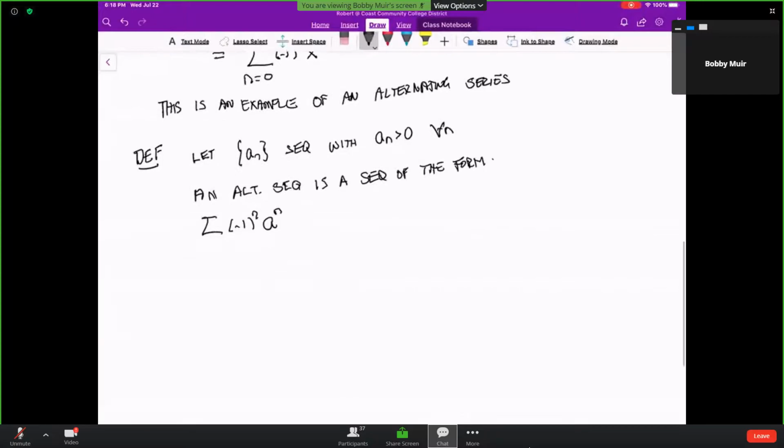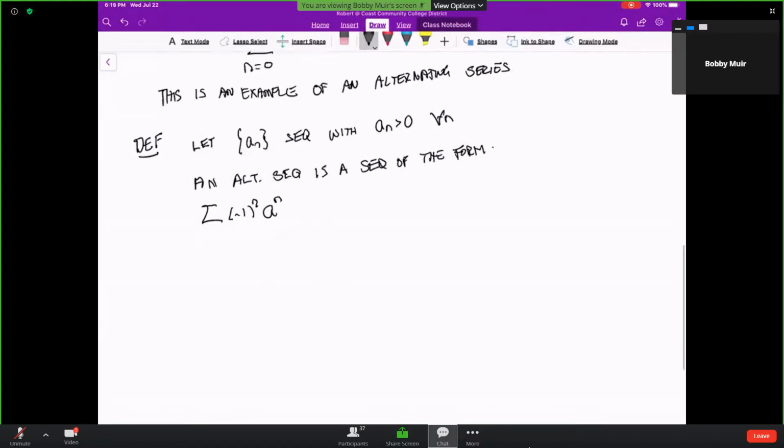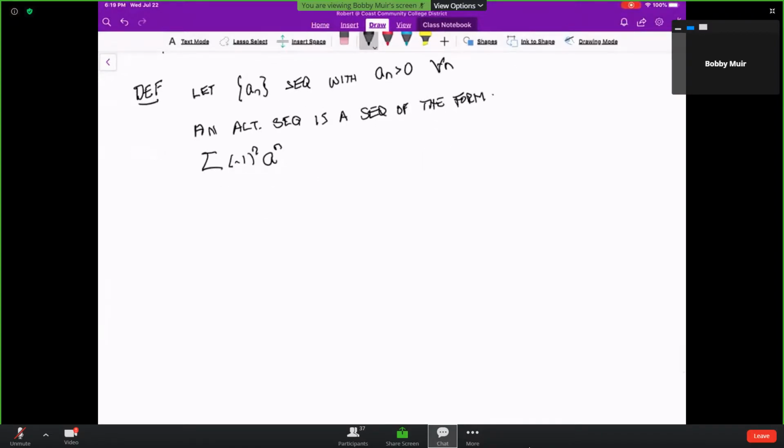Now, I'm intentionally being vague with where I'm starting. Notice that I'm not writing anything down for n equals wherever, because sometimes you start with a negative, sometimes you'll start with a positive, but this is just the most vague thing we can come up with. All right, so the natural question here is, when will this converge?